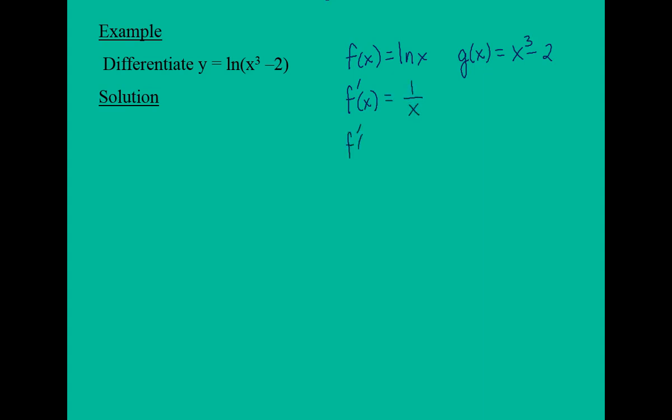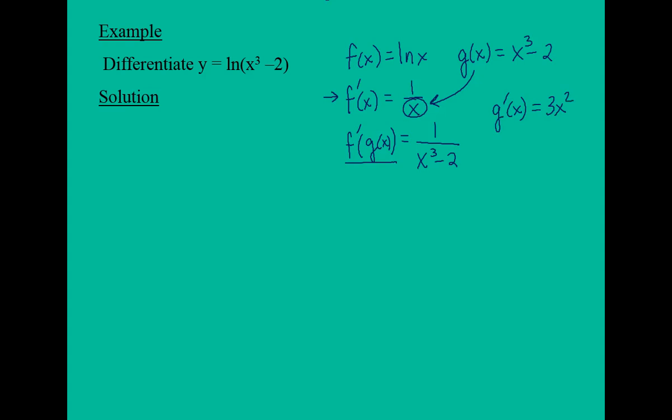So f prime of g of x: we're going to take our f prime of x, and wherever we see an x, we're going to replace it with g of x to get our f prime of g of x. So we'd have 1 divided by x cubed minus 2. And we know we have to multiply that times our g prime of x, and g prime of x is 3x squared.